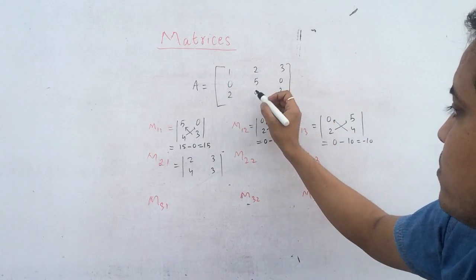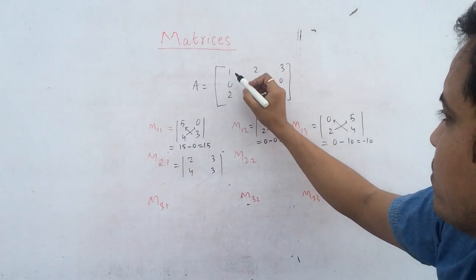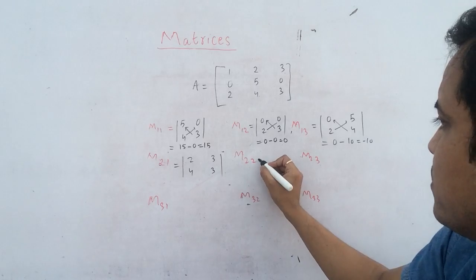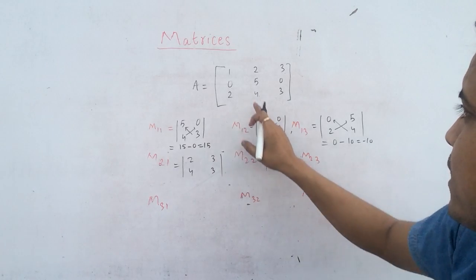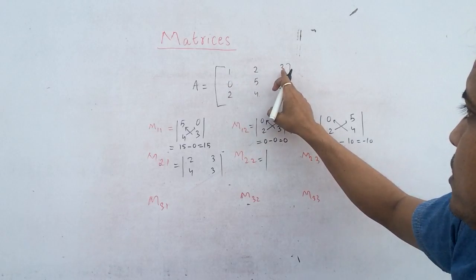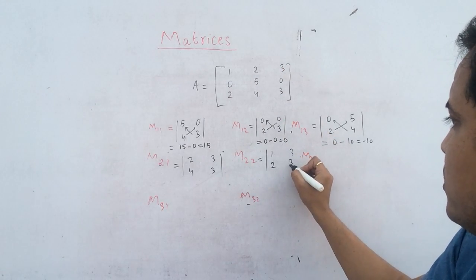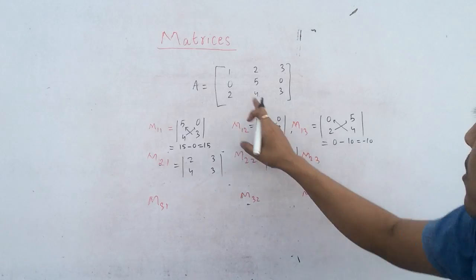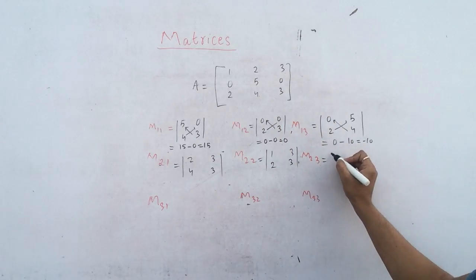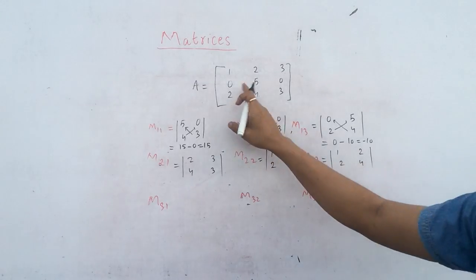Now M22, second row and second column, 1 3 2 3. Second row and third column, 1 2 2 4.